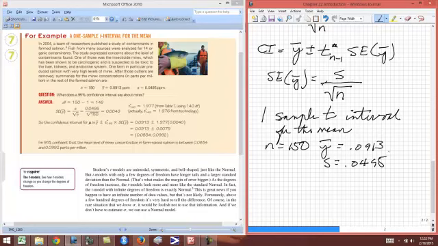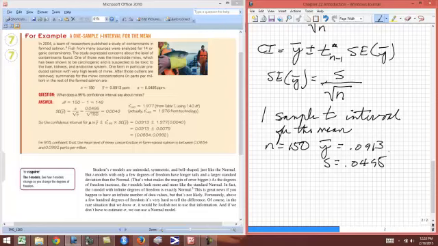So you can just see the calculations here. The degrees of freedom is 150 minus 1, which is 149. So we're going to use the t-distribution with 149. The standard error of y bar is s divided by the square root of n, which is 0.004. And the t star of 149 is 1.977.